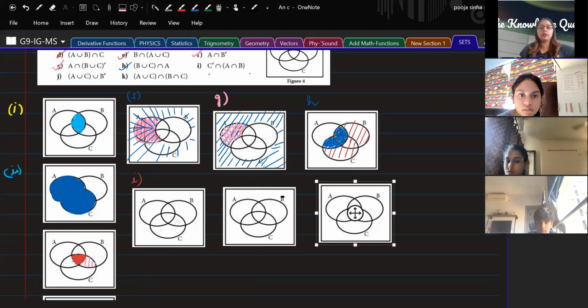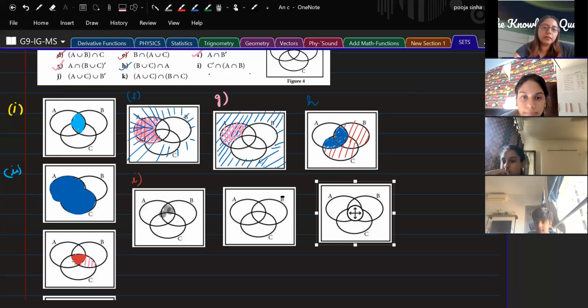Do it separately first: what is C complement? Then tell what is A intersection B. And then give the answer. Oh, I did it directly.